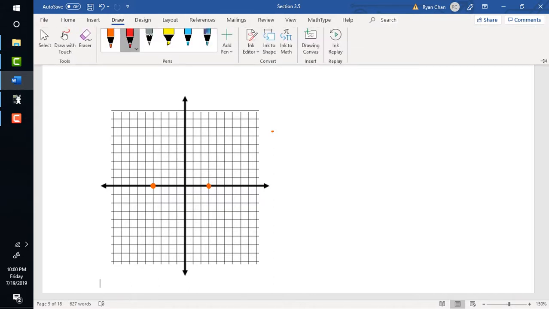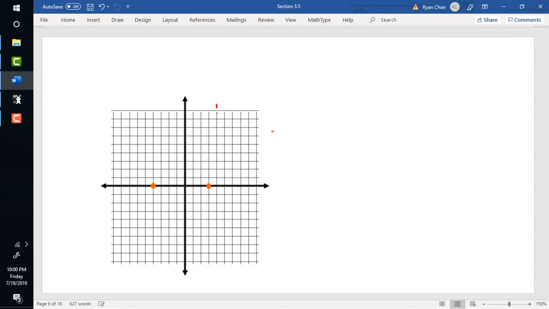And then I have a vertical asymptote at x is equal to 4, so I'm going to draw a dotted line like this. So I say I have a vertical asymptote at x is equal to 4.